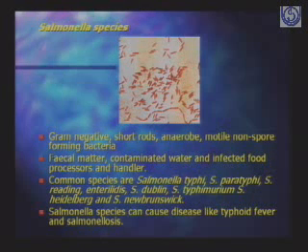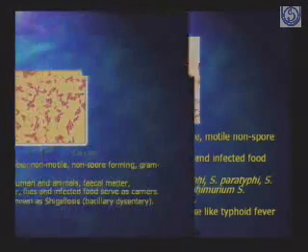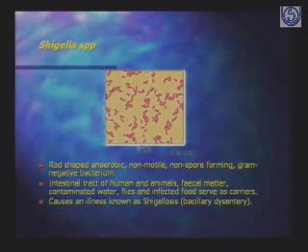Salmonella is a gram-negative rod which is capable of causing diseases like typhoid fever and salmonellosis. Another member of the family Enterobacteriaceae is Shigella. This is capable of causing bacillary dysentery. It comes through contaminated food, milk and water.